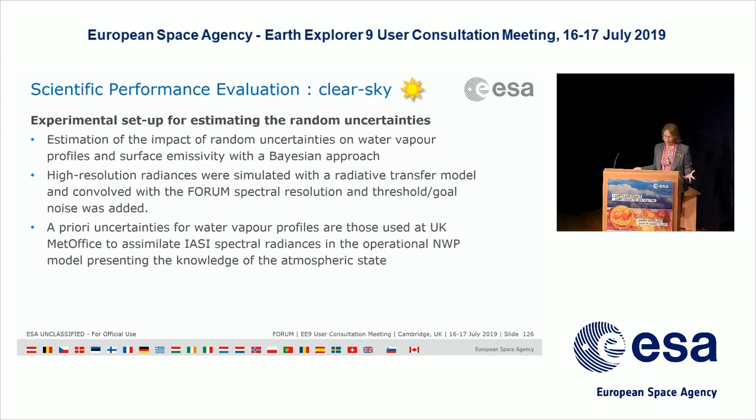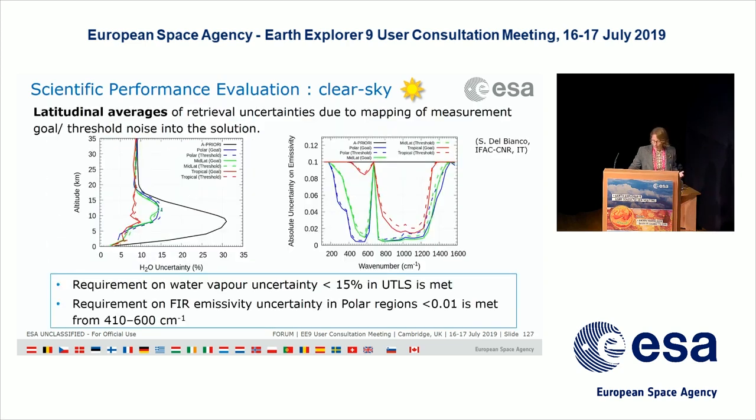So here on the left is the uncertainty for water vapor. On the right is the uncertainty for emissivity. For water vapor, again, we have profiles. The a priori uncertainty is the black line, and then the retrieval uncertainty, so the random uncertainty, are the colored lines, and the difference between goal and threshold are the solid and the dashed lines, so there is not much difference.